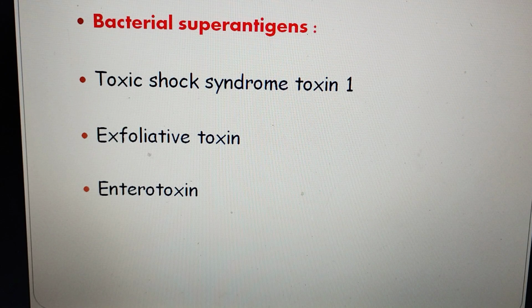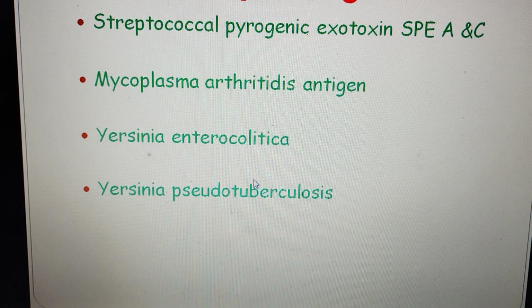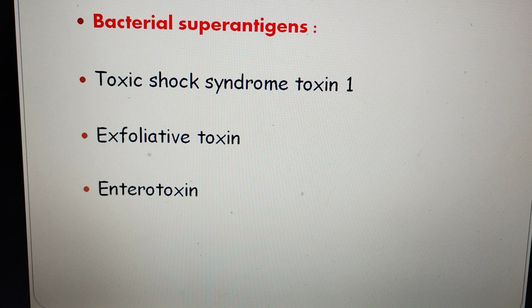Some examples of superantigens: first, bacterial superantigens. Toxic shock syndrome toxin number 1, exfoliative toxin and enterotoxin. These are all present in Staphylococcus aureus.